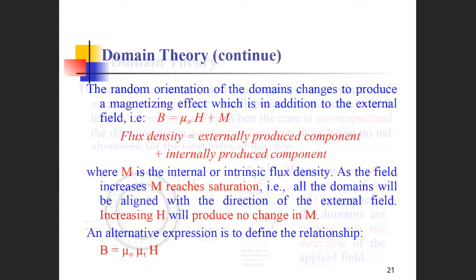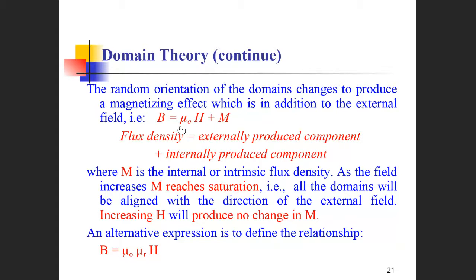We can express the relationship between the magnetic field B induced by H and H as follows: the flux density B equals the externally produced magnetic field component, that is mu zero H, no matter whatever condition the materials are in.